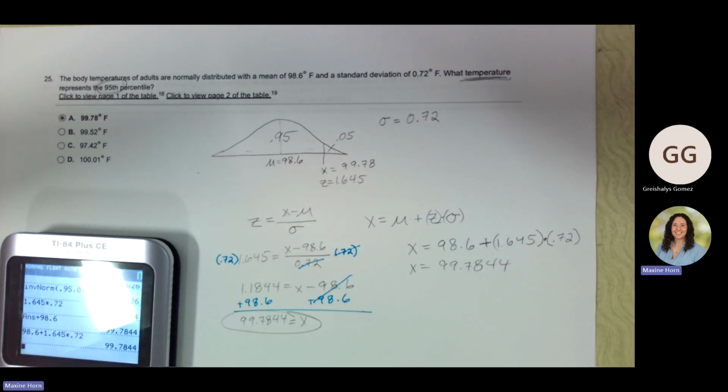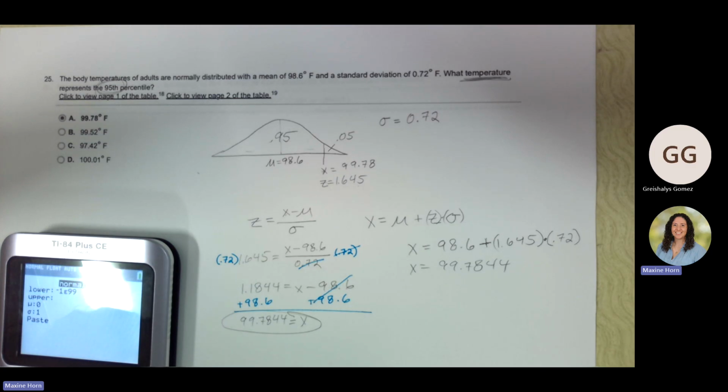So what would this look like if we were doing it in the calculator? When we were doing normal CDF, remember back when we were doing that a little bit earlier, we were looking at our lower bounds, our upper bounds, our means and our standard deviations.